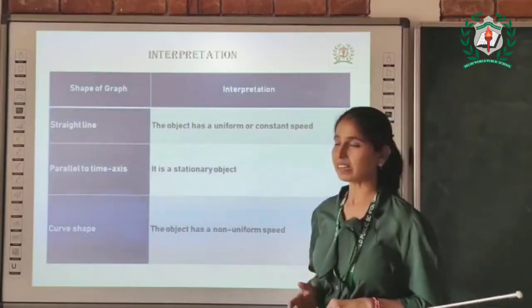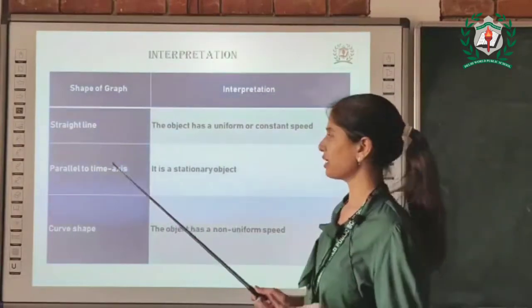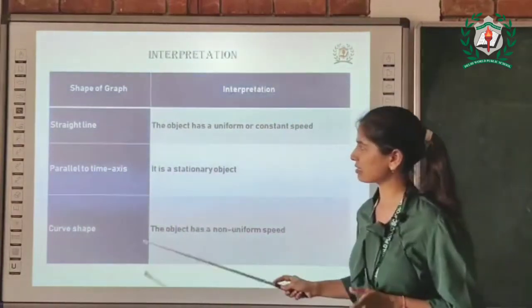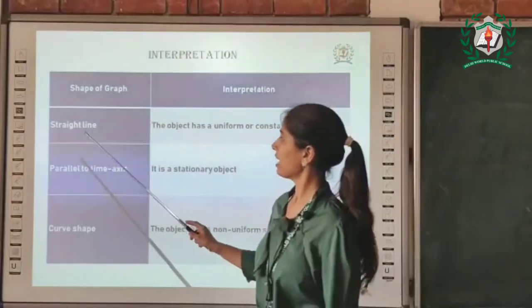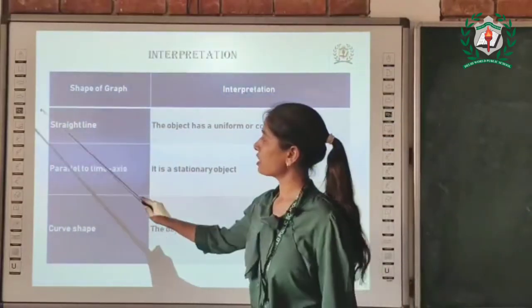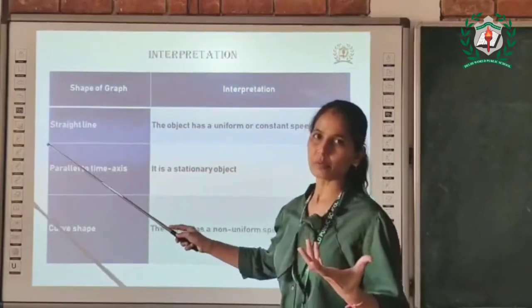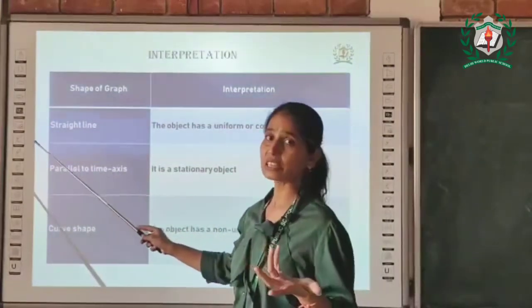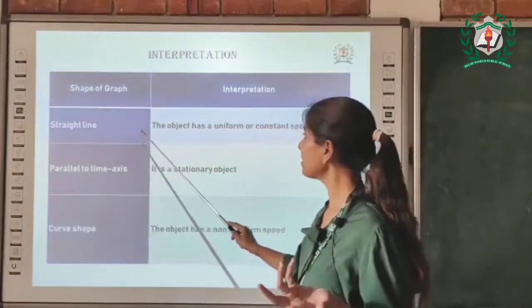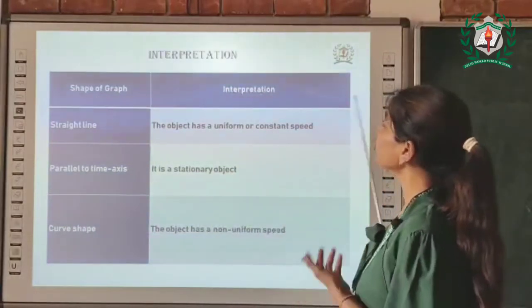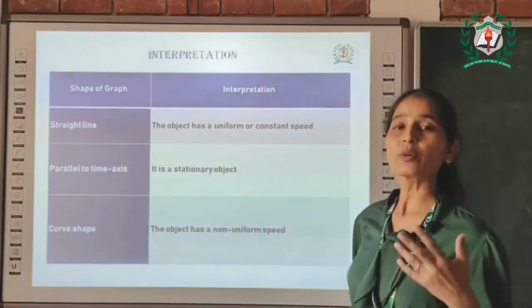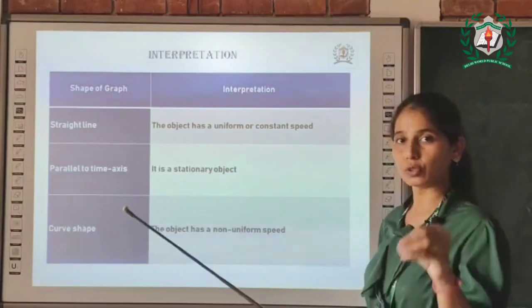How will we interpret that graph? We'll interpret that graph by using these measurements. If a vehicle is moving in a straight line, or we can see a straight line on the graph, then we'll say that the object has a uniform or constant speed. This is how we can read the calculation of that graph.